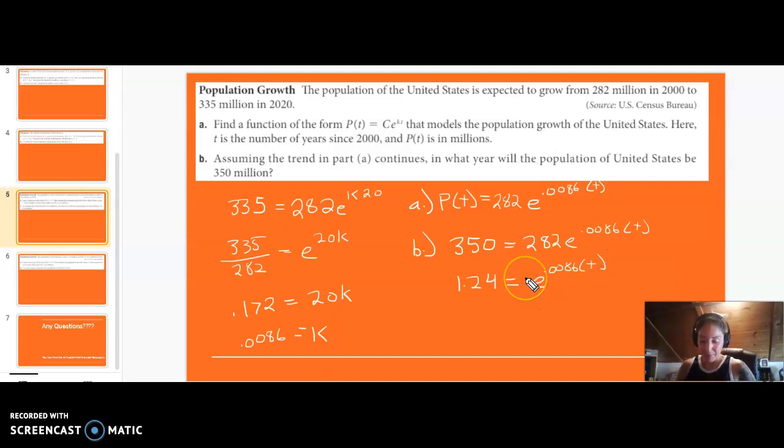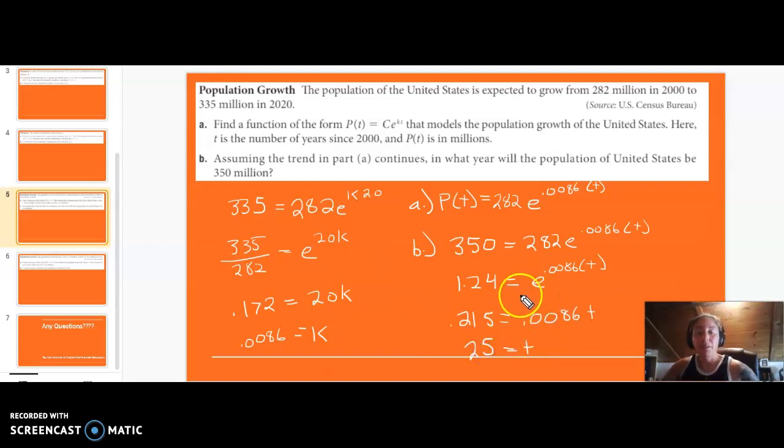Let's take the ln of both sides. When you ln 1.24, you get 0.215. ln and e will cancel, so you'll get 0.0086 t. Now divide both sides by 0.0086, and we get roughly 25.